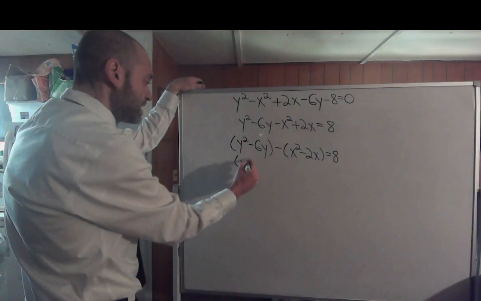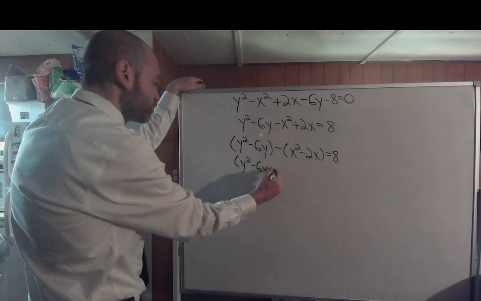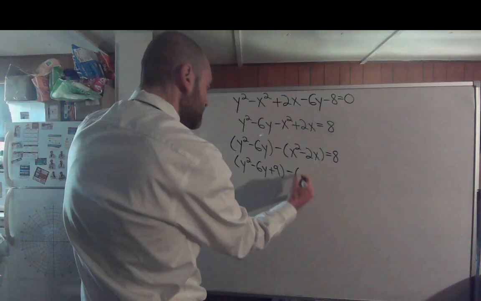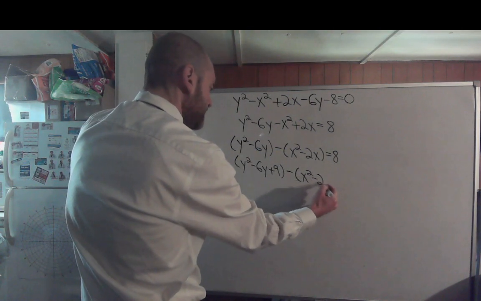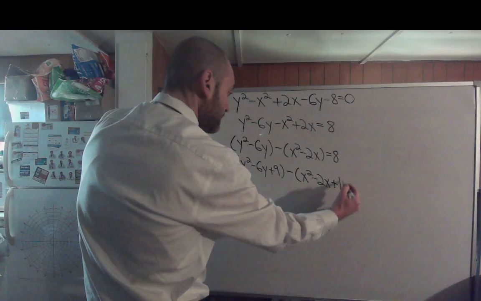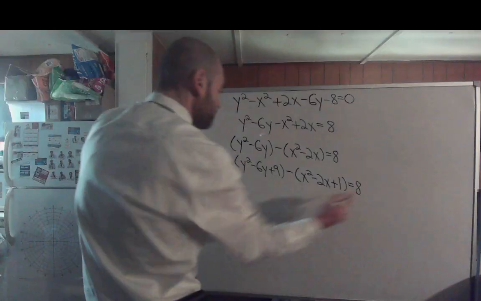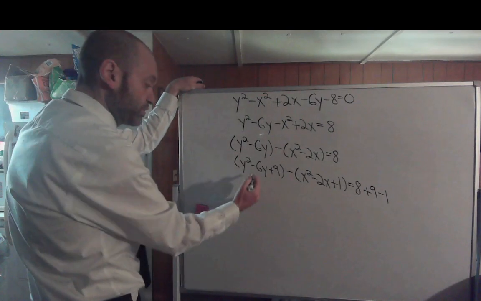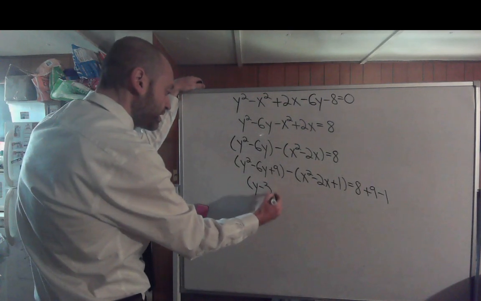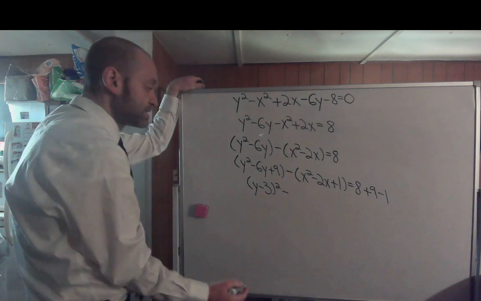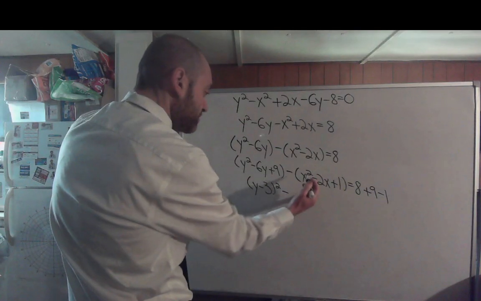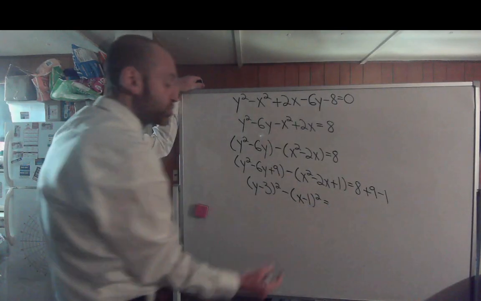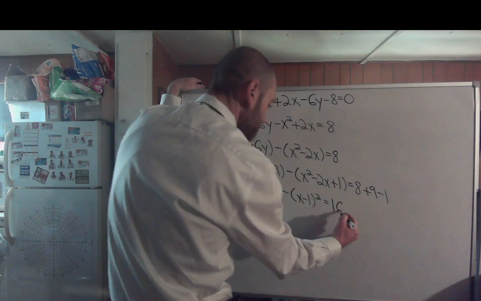So you'll end up with y squared minus 6y plus 9 minus the (x squared minus 2x plus 1). That's going to equal 8 plus 9 minus 1. So if we simplify, you'll get (y minus 3) squared minus (x minus 1) squared is going to equal the right-hand side, which turns out to be 16.